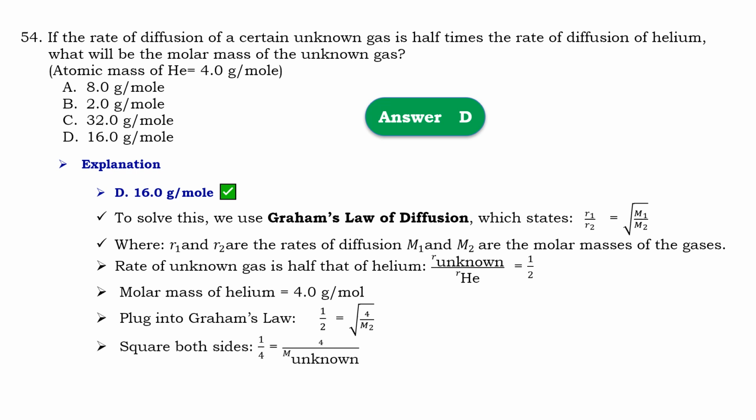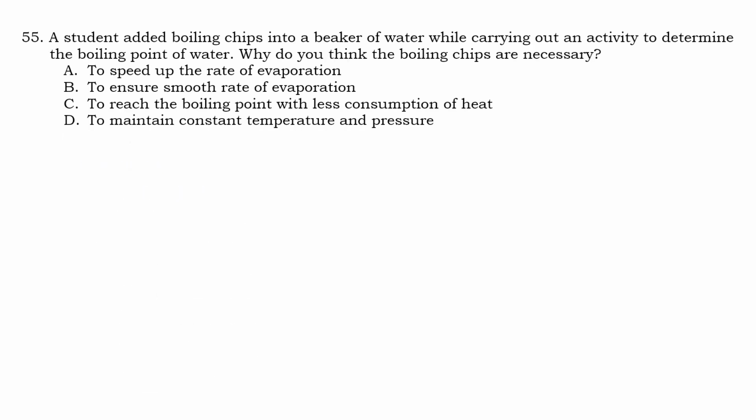When we square both sides, 1 over 4 equals 4 over the molar mass of unknown gas. Cross-multiplying, the molar mass of unknown gas is equal to 4 times 4, so it is 16 gram per mole. So our answer is indeed D.